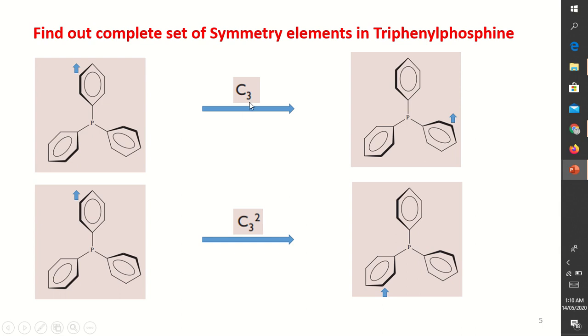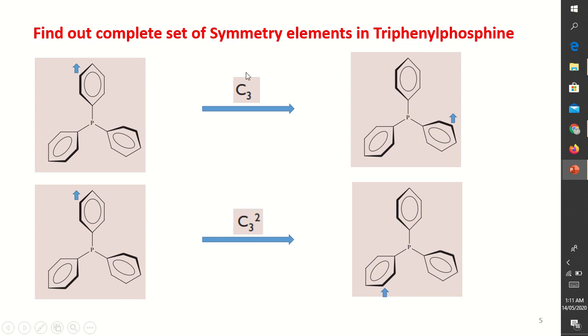Let's talk about the C3. If we apply C3 to this molecule, the structure of the triphenylphosphine would be like this one. The arrow will definitely be upward, but on a different phenyl ring, because this phenyl ring will occupy the position of the second one.